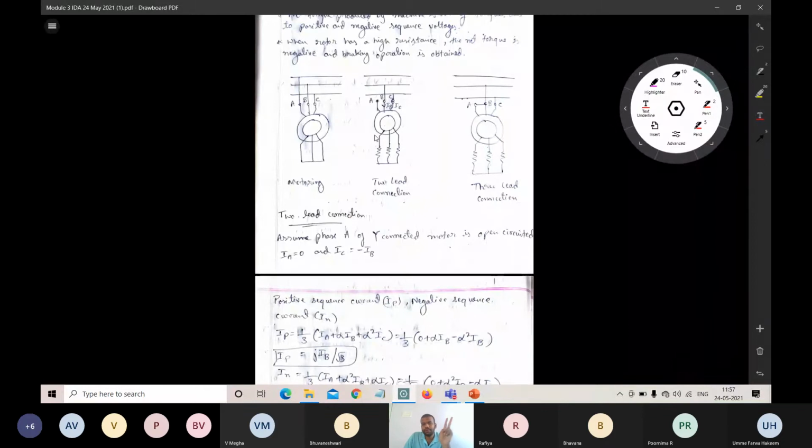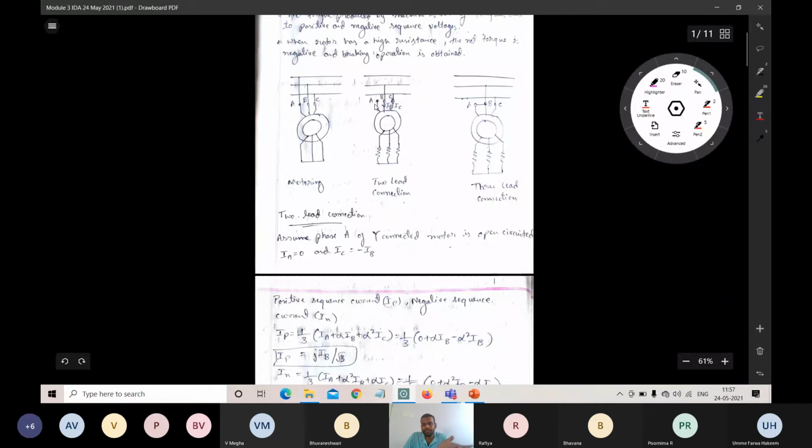There are two types: one is the 2-lead connection and another is the 3-lead connection. In the 2-lead connection, one phase of the motor is removed and kept alone.